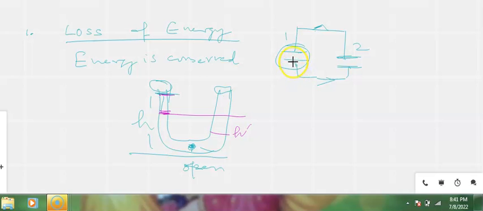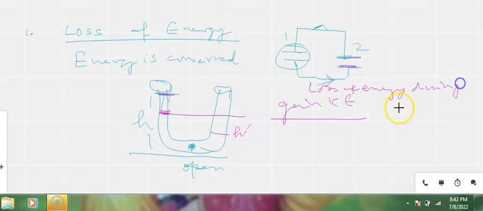Similarly, the electrons, when they move from here to here, gain kinetic energy. And that kinetic energy will remain with them as they ultimately reach here. Assume that there is no resistance, that means there is no loss of energy during the flow in the wire.